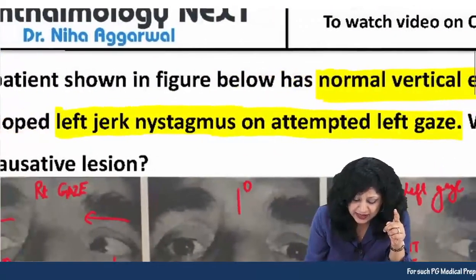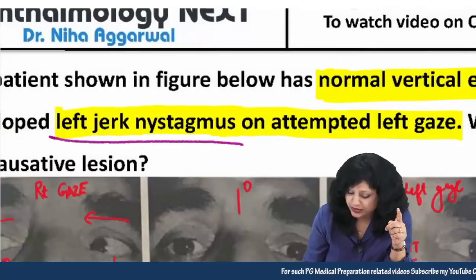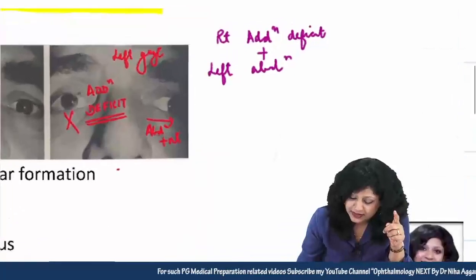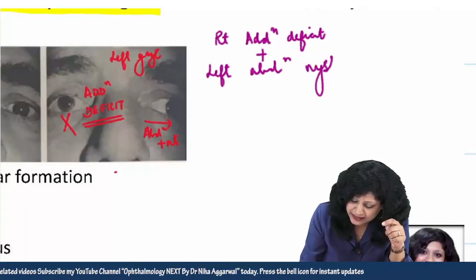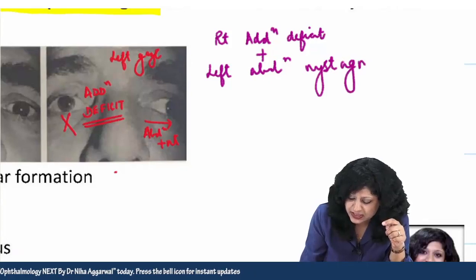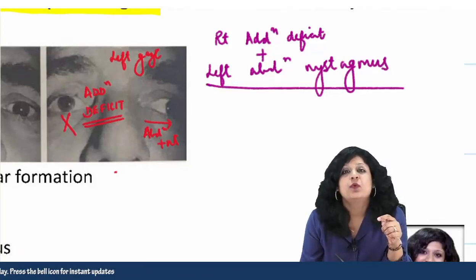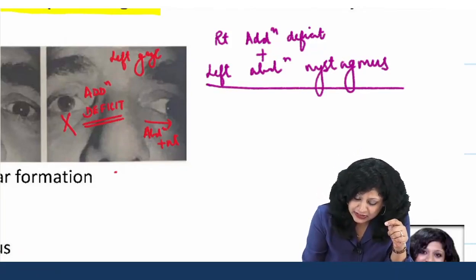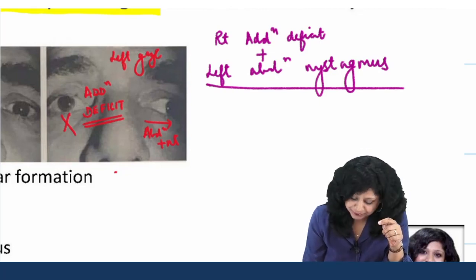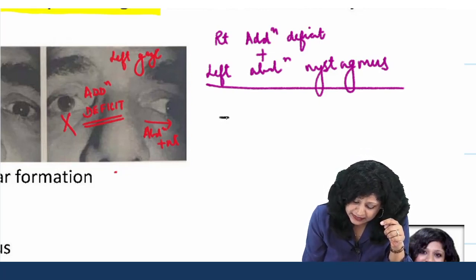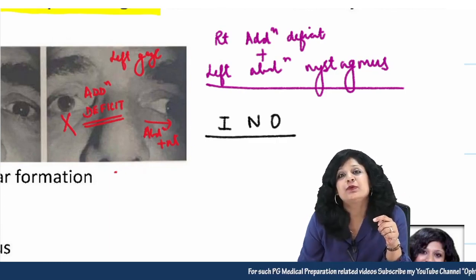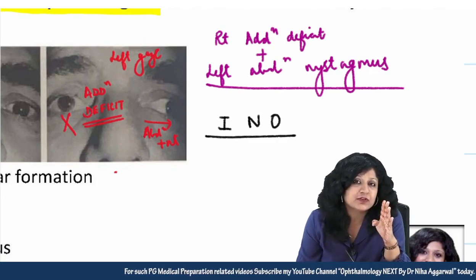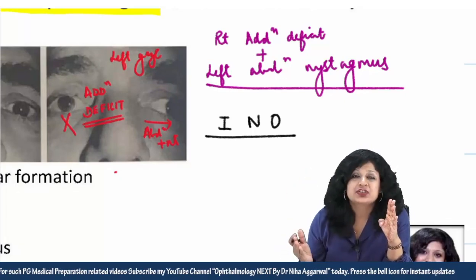They are saying that there is a nystagmus. So I will write it here: right adduction deficit with the left abduction nystagmus. Does this remind you of something? This is what you call internuclear ophthalmoplegia.